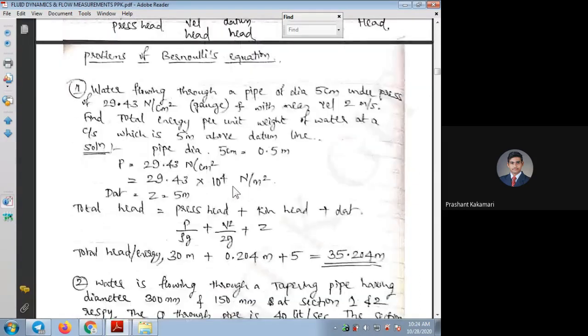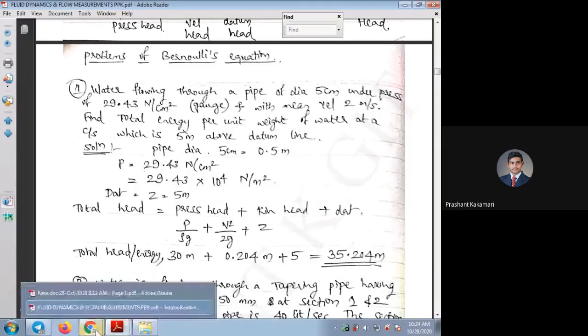So just substitute these values in this equation and find the answer. Please all of you use the calculator, substitute the proper values and check the answer.